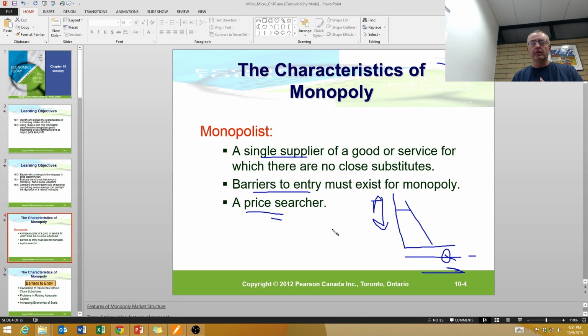That's different than in perfect competition, where the price stayed constant and the firm simply only had to change its level of quantity to find its profit maximizing amount. So in perfect competition, the firm is a price taker, whereas in monopoly, the firm is a price searcher.